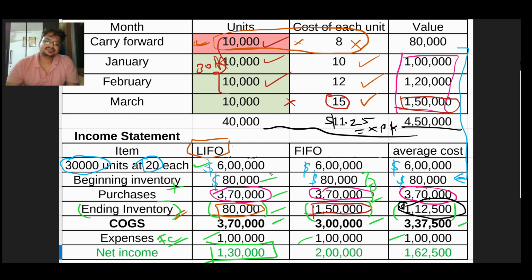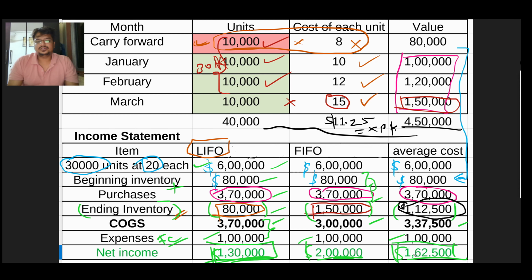We'll just subtract these two, which are our expenses, from our revenue. $130,000 is net income for LIFO. $200,000 is net income according to FIFO, and according to average cost, 162,500. Okay, this is the answer.